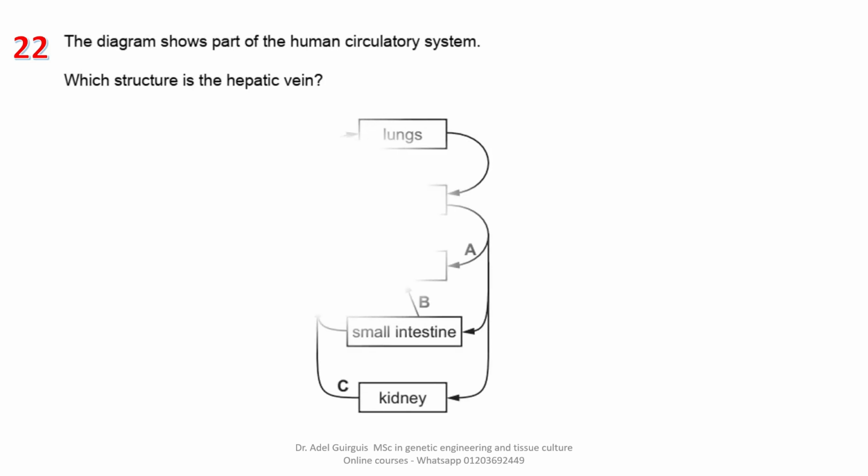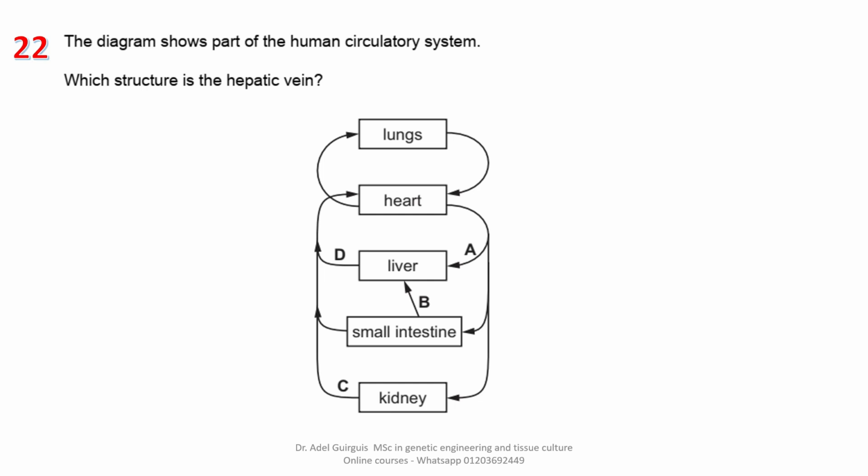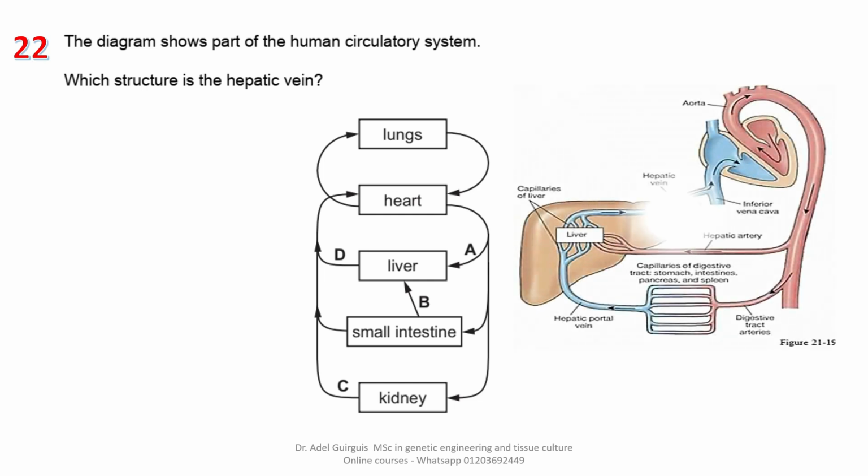Number 22. The diagram shows part of the human circulatory system. Which structure is the hepatic vein? Look at this figure. Here, the liver. The liver receives oxygenated blood from the hepatic artery, which is a branch of the aorta, and also receives nutrients absorbed from villi of the small intestine through the hepatic portal vein.